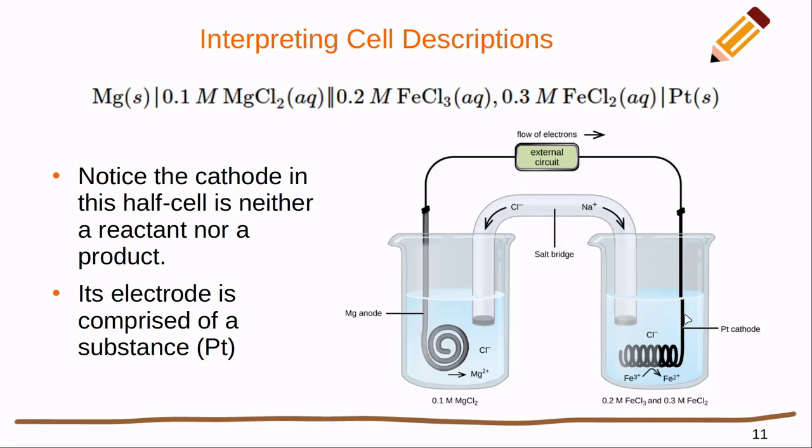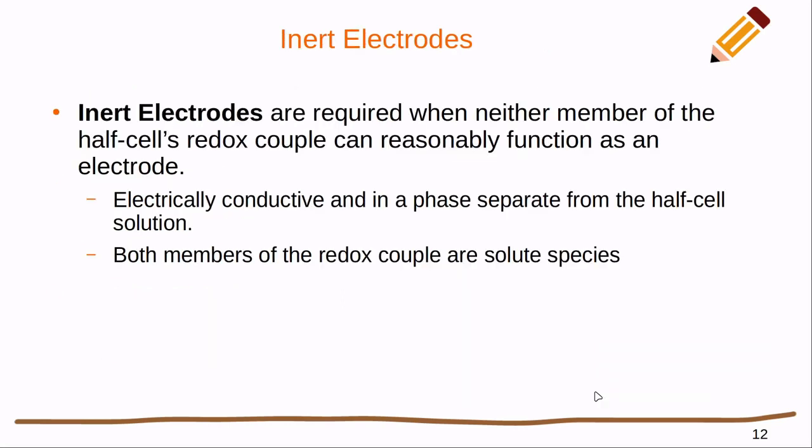The platinum is not participating in the reaction. The platinum is just a mechanical component that we can attach this lead to that's going to be able to conduct electrons down into the solution for this reduction reaction to occur. All right.